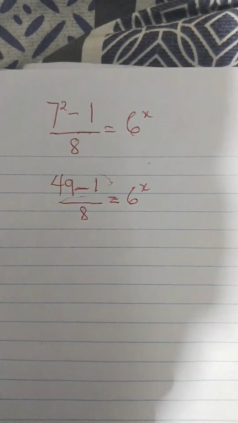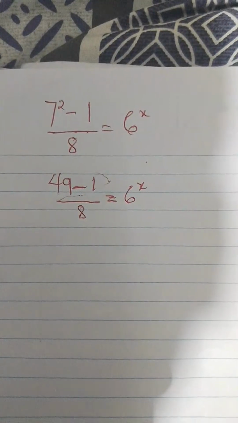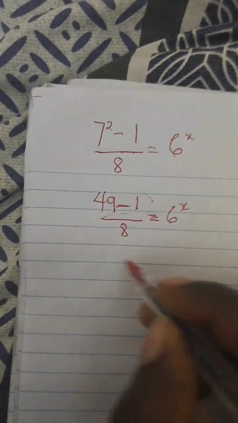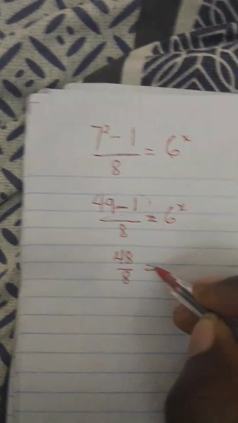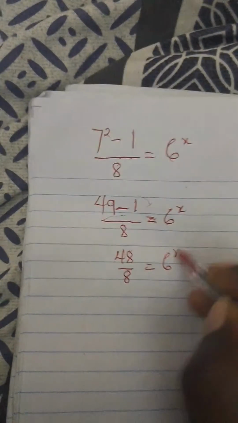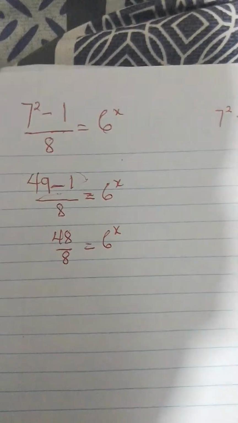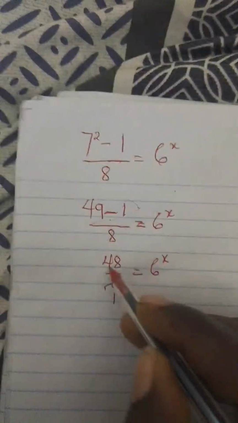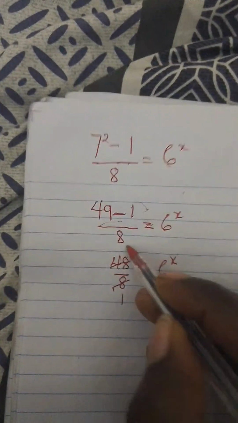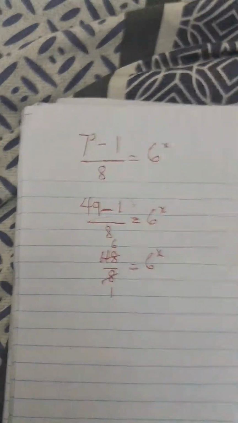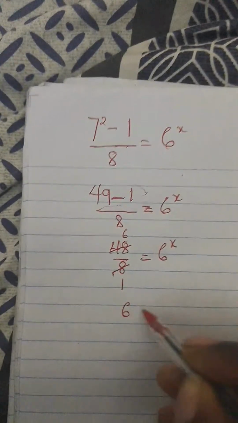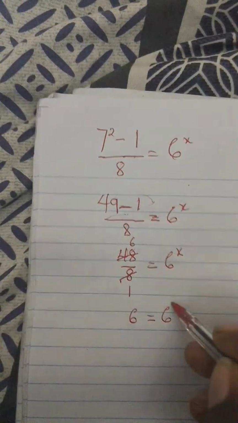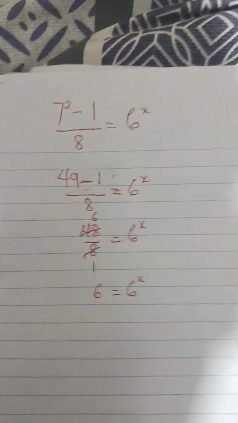So now 49 minus 1 will be 48 on 8 equal to 6 exponent x. With this one, 8 times 6 will give you 48. So 48 on 8 is 6. So we get 6 equals 6 exponent x.